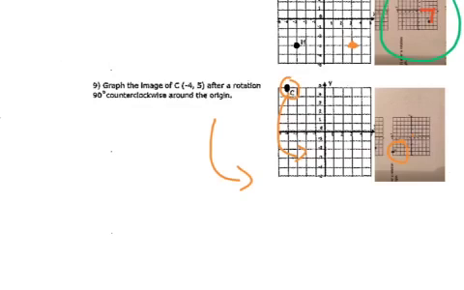I know it's over 5, down 4. So go ahead and find that. If I go over 5, 1, 2, 3, 4, 5, down 4, 1, 2, 3, 4, that is my new dot after a 90-degree counterclockwise turn.